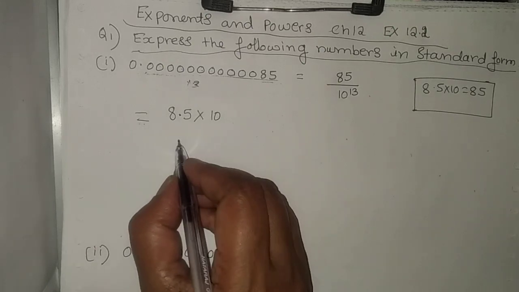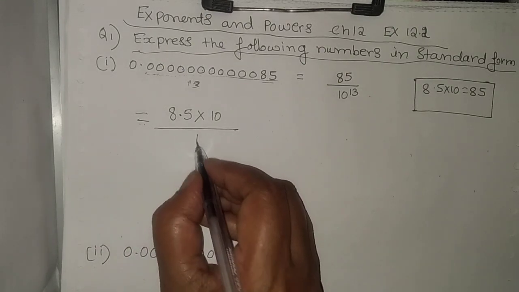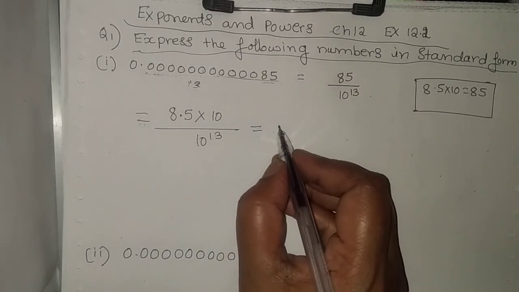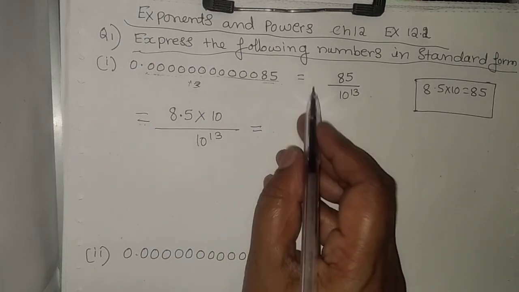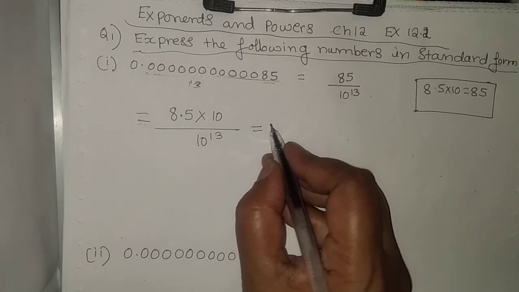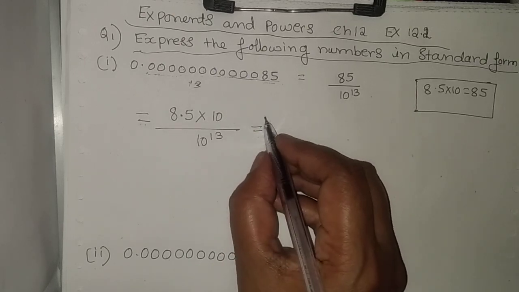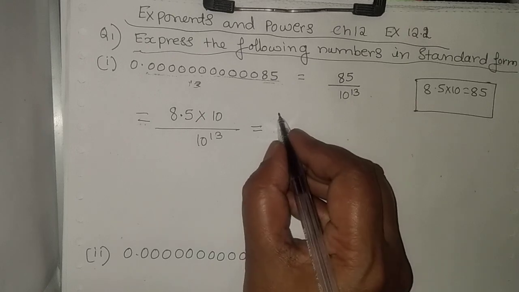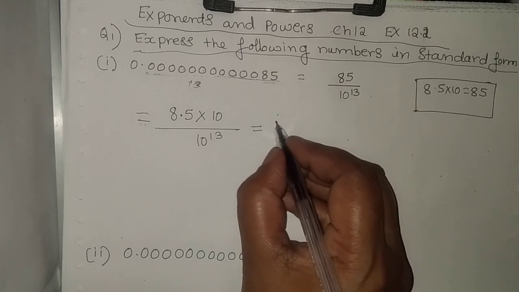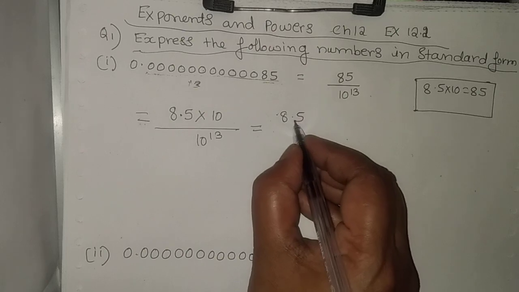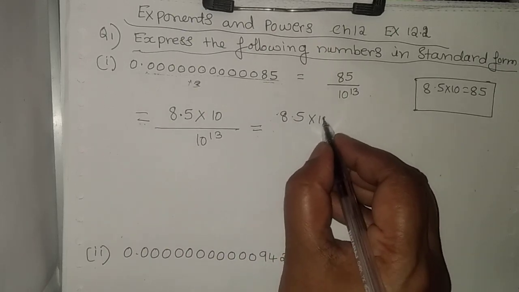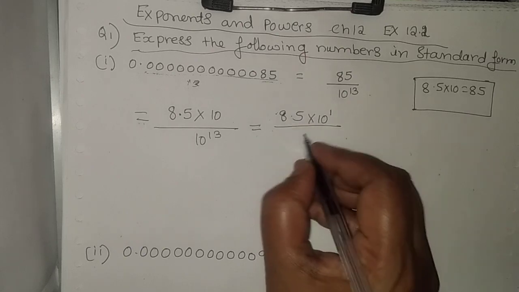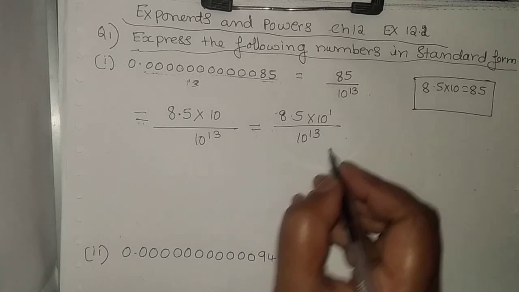So next, 10 power 13 remains as it is. Next, because we are converting this to standard form, we have to write this next. 8.5 into 10, this we can consider as 10 power 1. So next is 10 power 13.